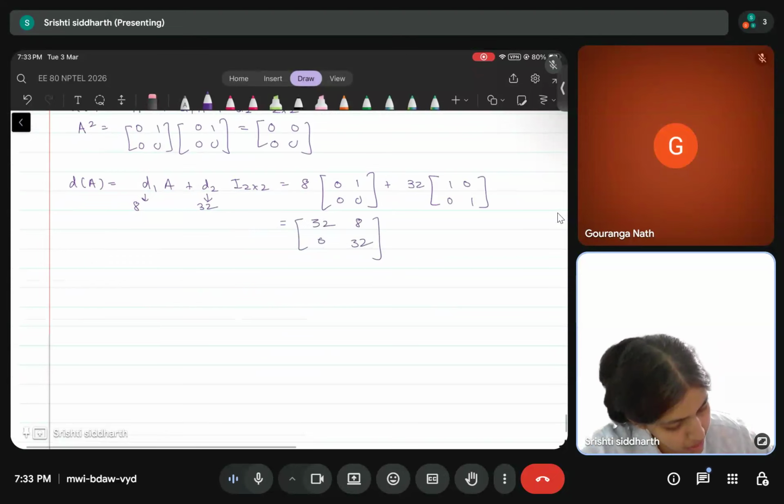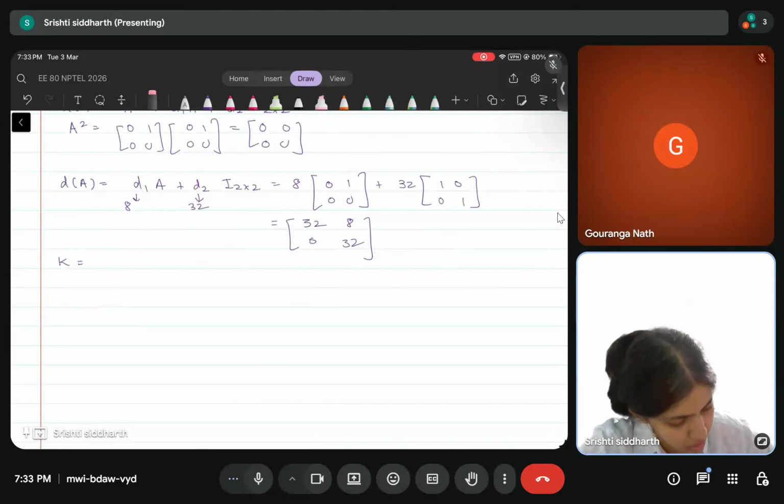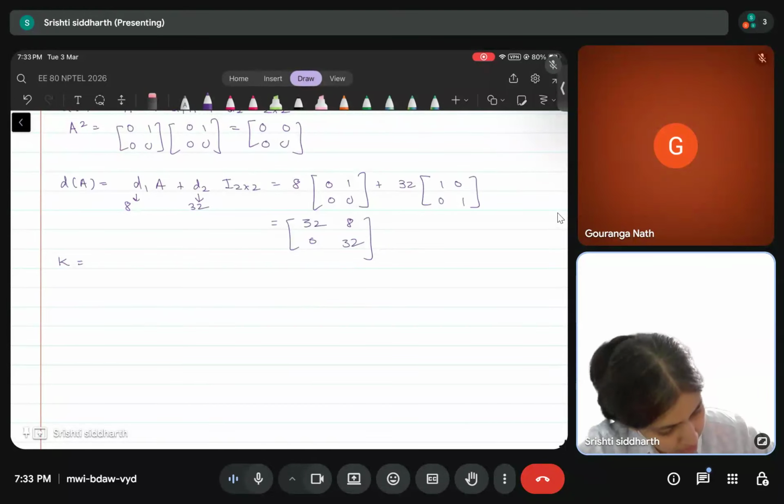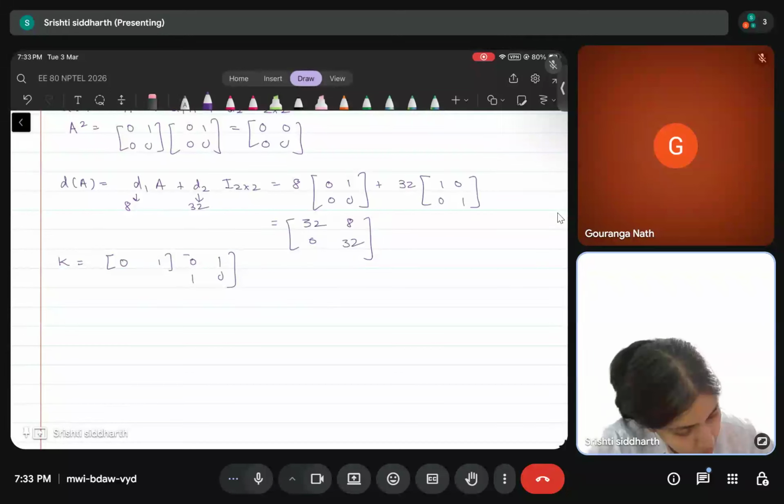Okay, so in this case, K is going to be 0 and then 1, since it's a second order system, and we have C inverse, which is 0, 1, 1, 0. Then D(A).